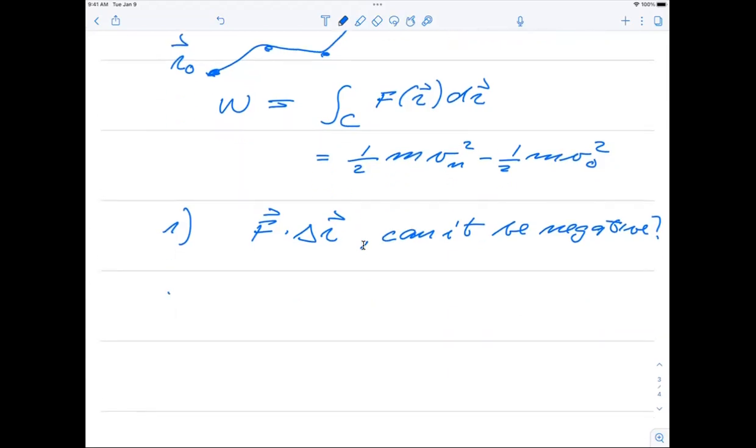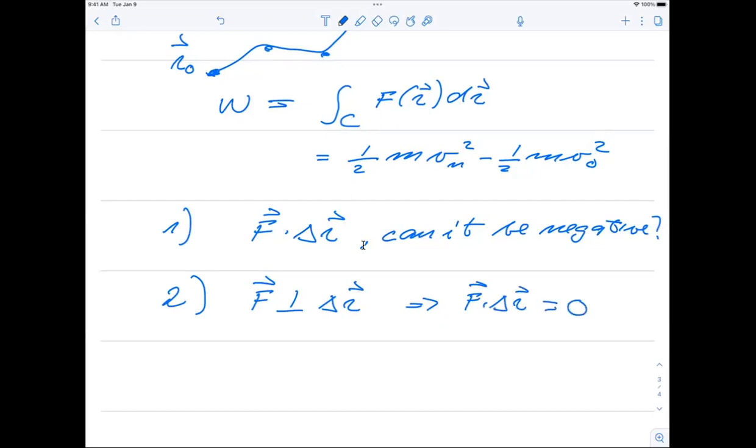So that's one way to interpret it. Let's put up the next question then. Suppose now that the force is perpendicular to the displacement. So we take this force which is perpendicular, and this is the sign for being perpendicular. Which means that if I take F times delta r, that is equal to 0.